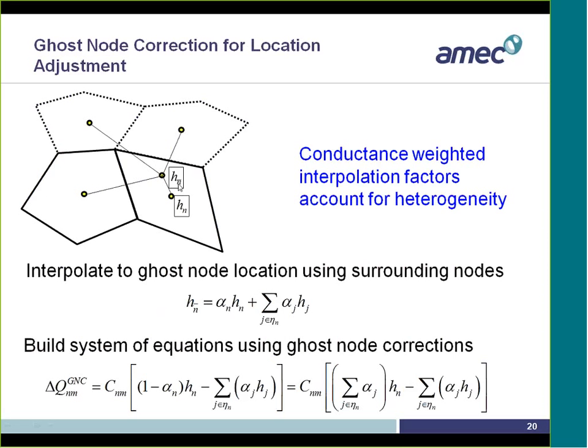So we can always account for the head at that location instead of at the center of the cell by doing some sort of interpolation at that ghost location where you require the head, and then building the system of equations using the head at that ghost location rather than at the center of the cell. So when you have large grid blocks and you may just want to do a little adjustment for some boundary being not at the center of the cell, you can use the ghost node concept to do that as well.